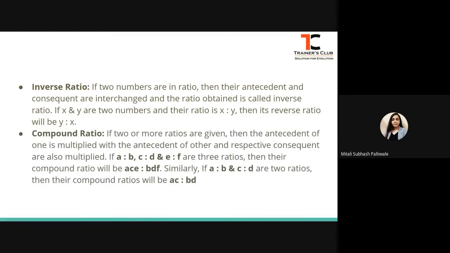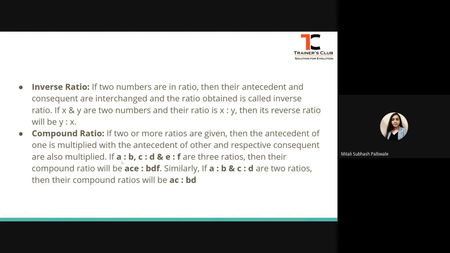Then the compound ratio. If two or more ratios are given, what you need to do is multiply all the antecedents and the consequents.